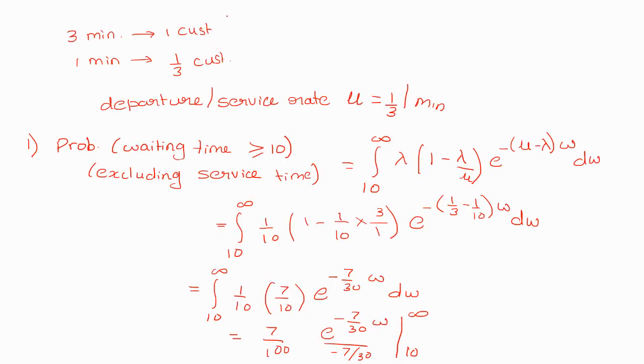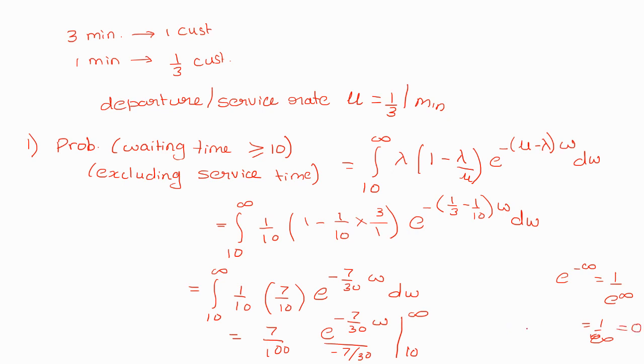Now I substitute infinity in place of w, which gives e raised to minus infinity. This is 1 upon e raised to infinity, and 1 upon infinity goes to 0.